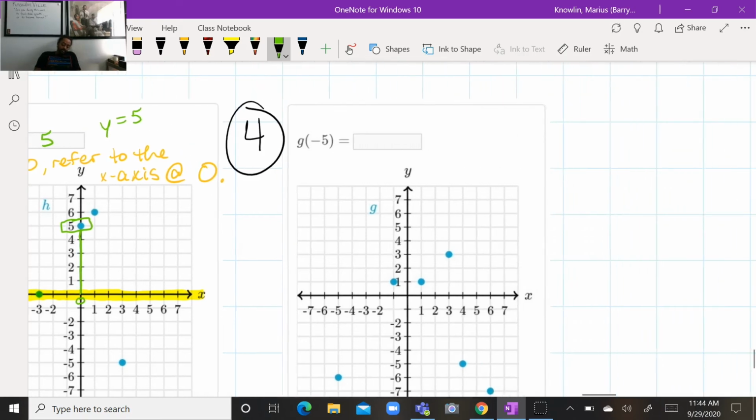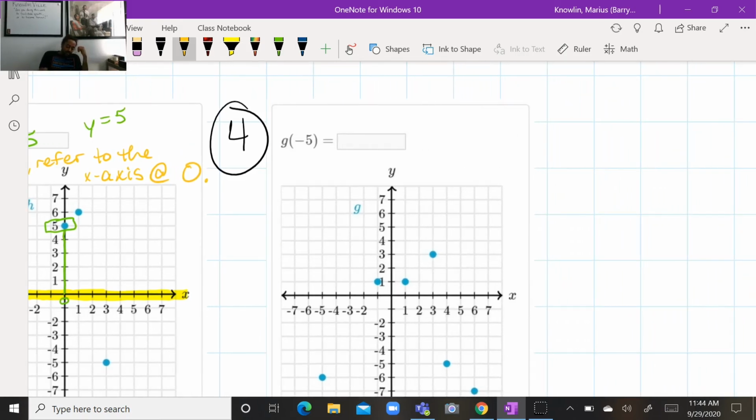Alright, let's take a look at one more for today. Once again, this number here tells us that x is equal to -5, so we need to refer to the x-axis at -5. So our x-axis is right here.